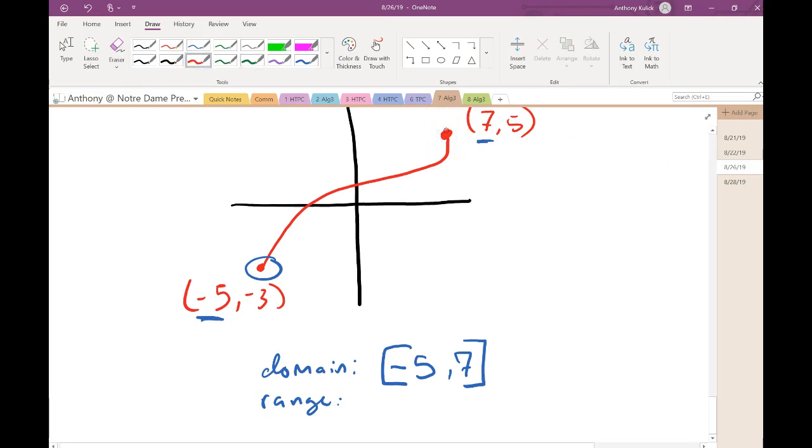All right, now let's go to the range. What is the smallest y value, or the lower bound on the y values? I heard somebody say -3 right away before I could even finish my question. Very good. And the largest or upper bound is the 5. On the -3, bracket or parenthesis? Bracket is correct. And also on the 5. Yep, bracket on both.